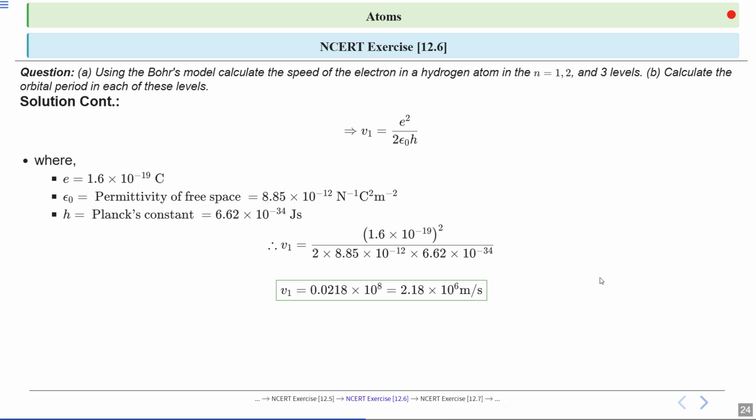After calculating, we find that v1 equals 0.0218 times 10 to the power 8, which is 2.18 times 10 to the power 6 meters per second. This means the electron in the first energy level of hydrogen moves at about 2.18 million meters per second. Notice how fast this is compared to everyday speeds.